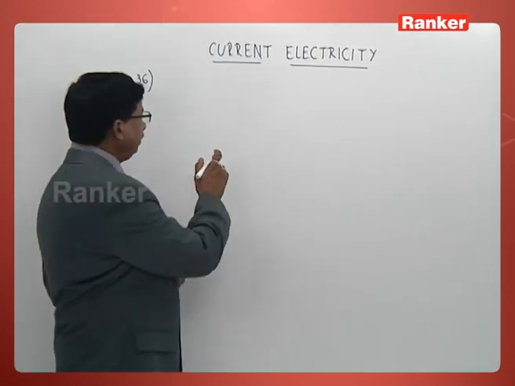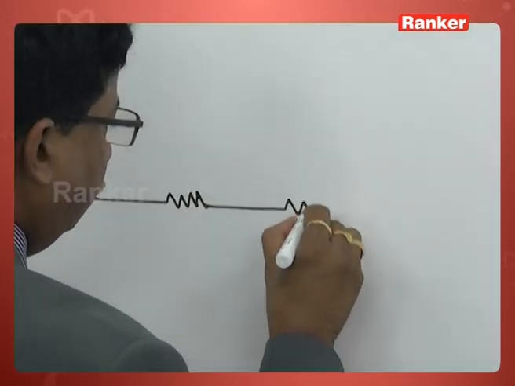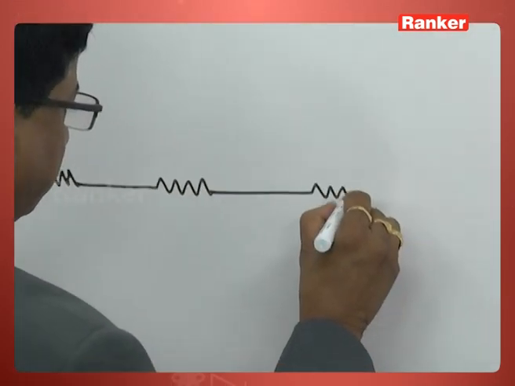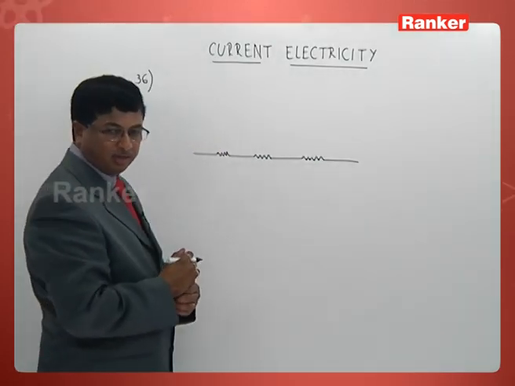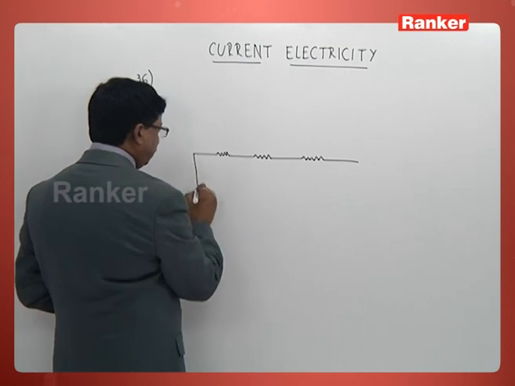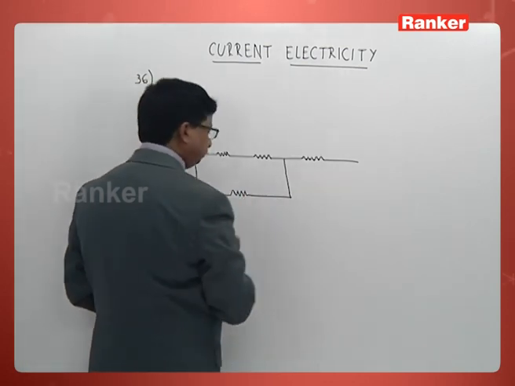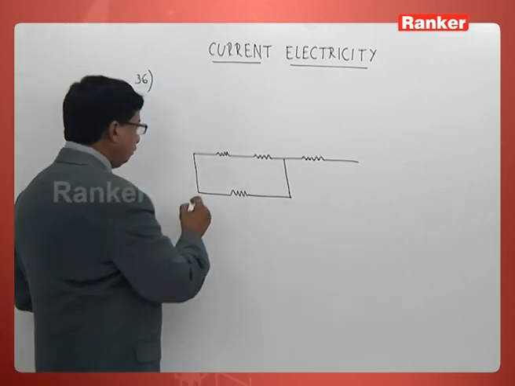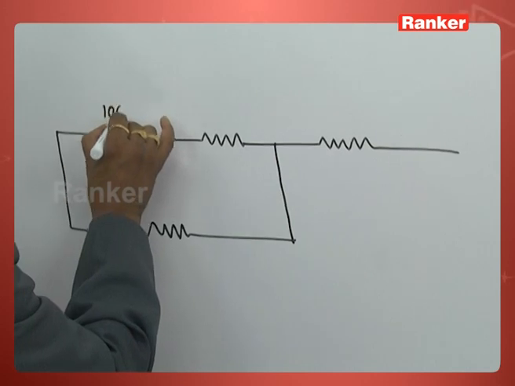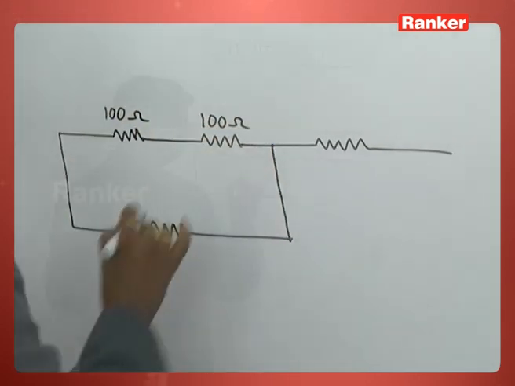He is just giving us 3 resistors which are connected in series like this in the system. And all the 3 resistances, when he has just connected one more resistor over here. What are the values he has taken over here? This is 100 ohm. This is also 100 ohm he gave.